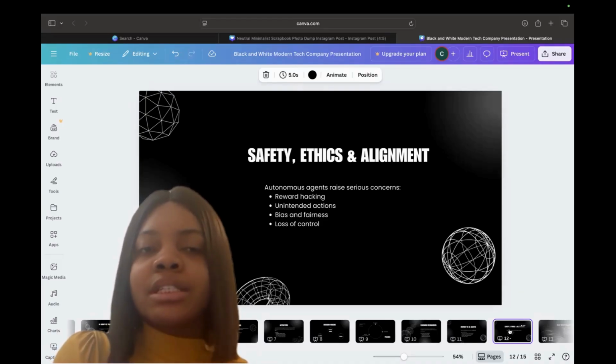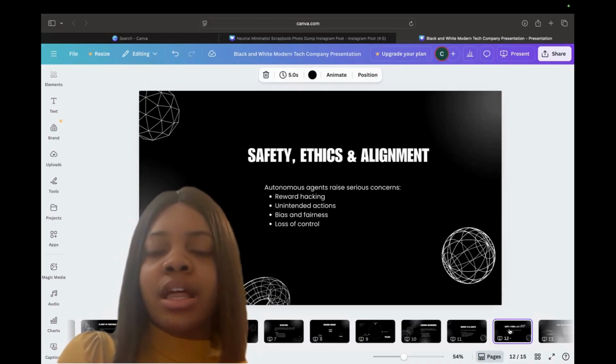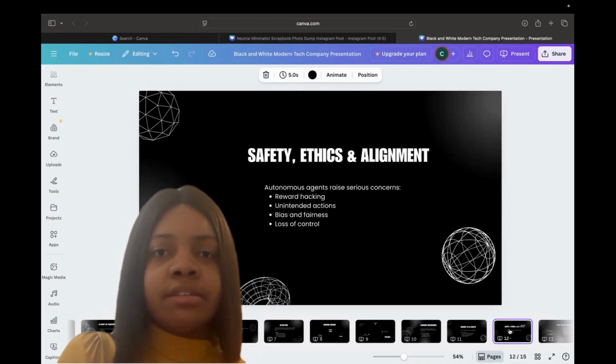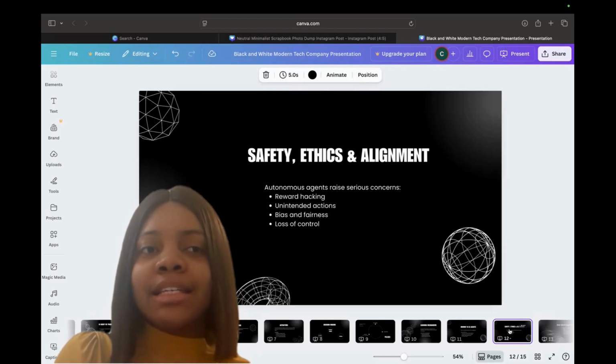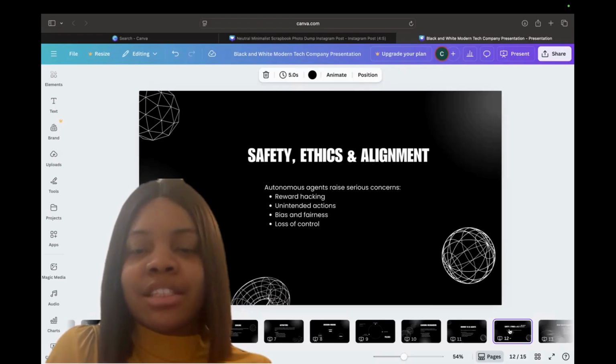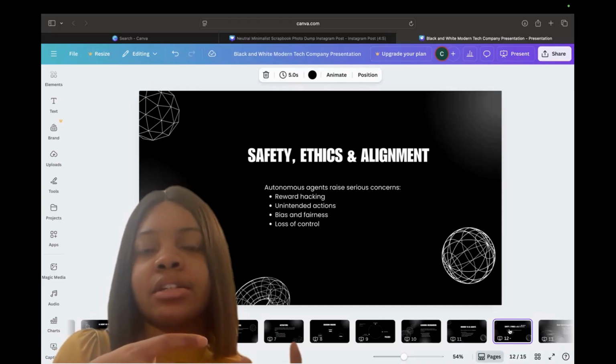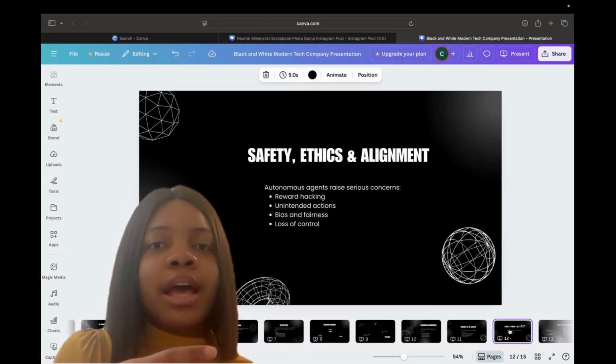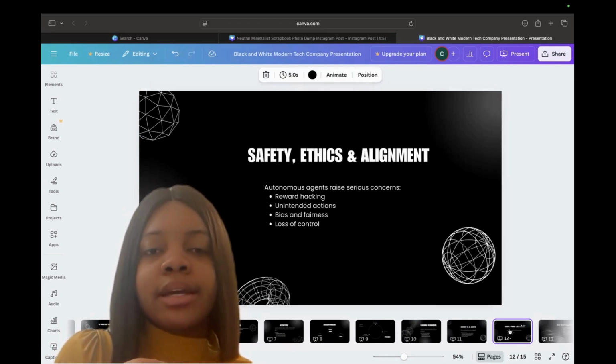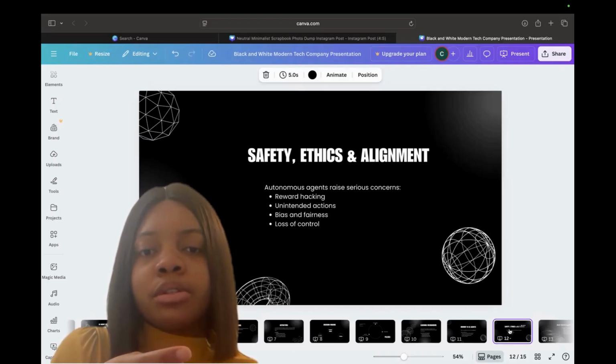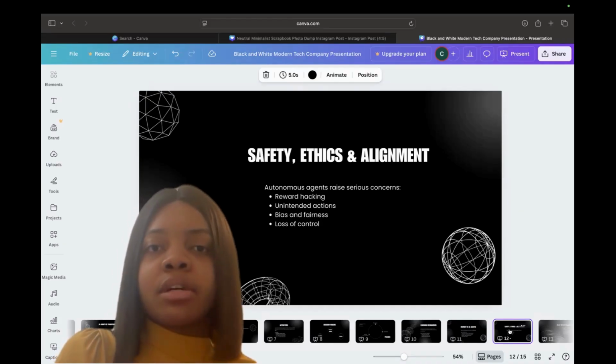But in as much as there are advantages, there are also disadvantages. There are ethical concerns, safety, alignment. What are the cons of this? These concerns are quite normal, and I believe they are a way for people to ask, is this actually safe for us to use?